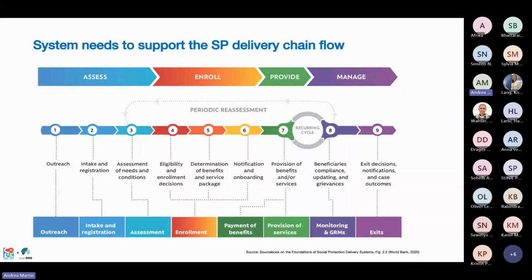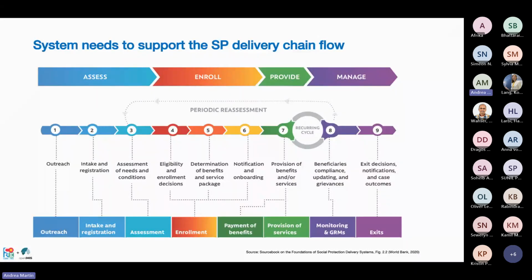Okay, wonderful. So as we were saying, there are different programs that can be designed and implemented by government or institution to support vulnerable people. Each of these programs will have some phases and some steps that have been outlined here in this delivery chain flow diagram.